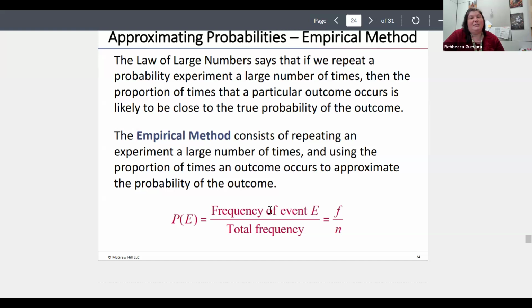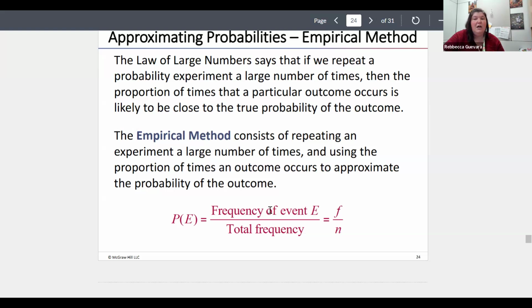The law of large numbers says that if we repeat a probability experiment a large number of times, then the proportion of times that a particular outcome occurs is likely to be close to the true probability of the outcome. So the empirical method consists of repeating an experiment a large number of times, applying that law of large numbers, ideally.